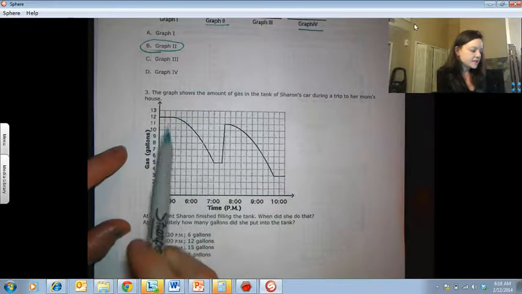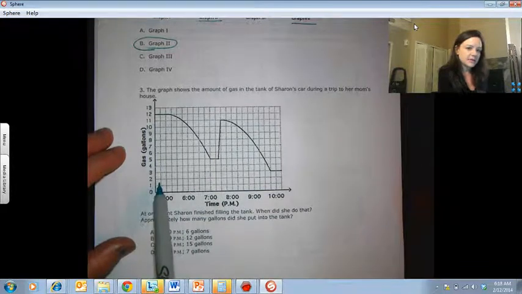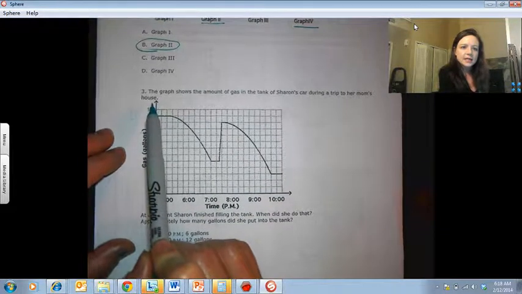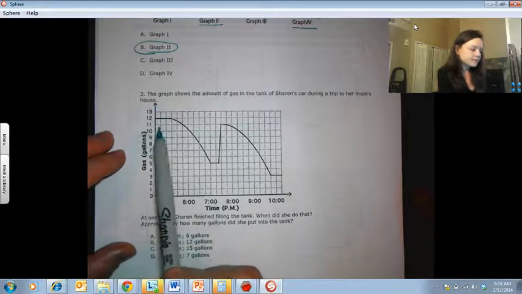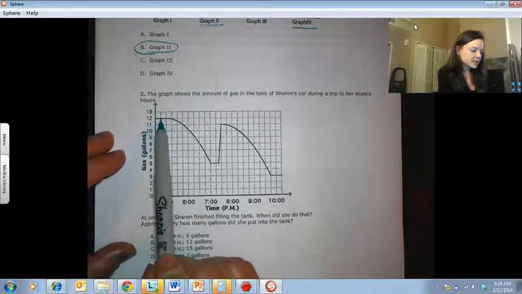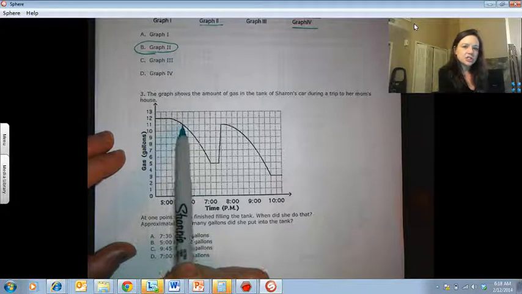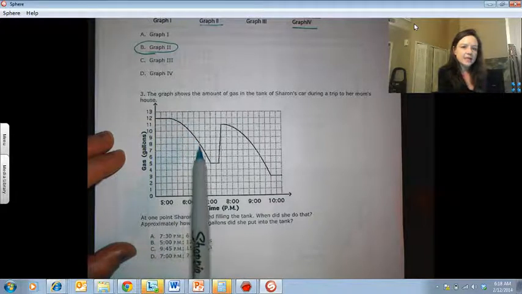So if she starts driving, here's the number of gallons. They get bigger as they go up on the dependent axis. So here she starts the trip. Obviously she's driving and her gas is going down.